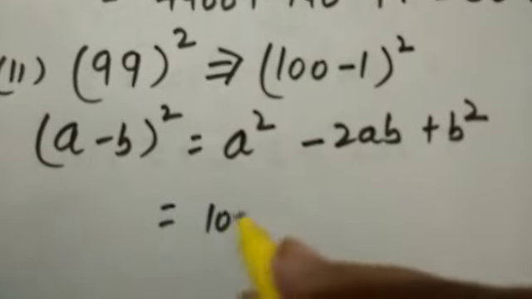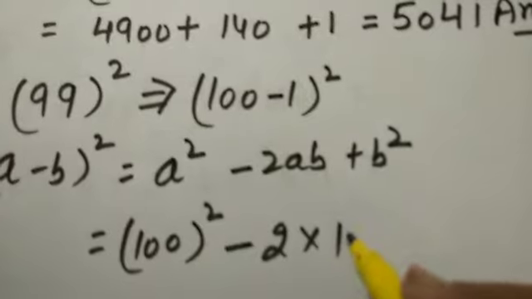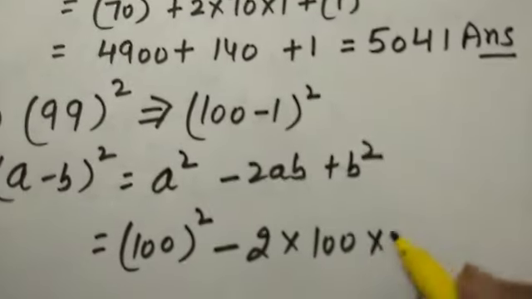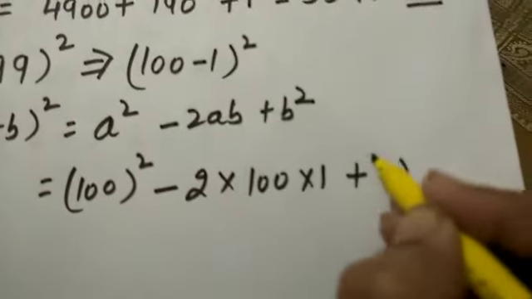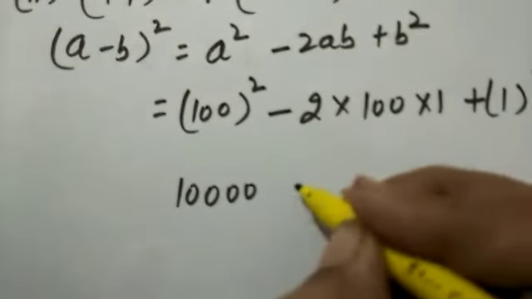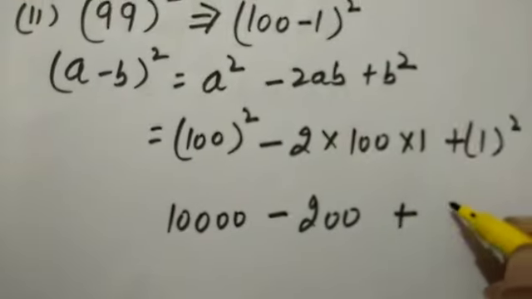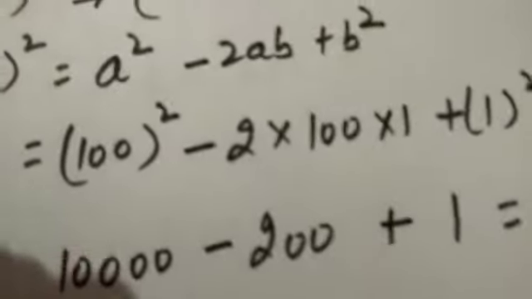So this will be 100² − 2 into 100 into 1 plus 1². 10,000 minus 200 plus 1.